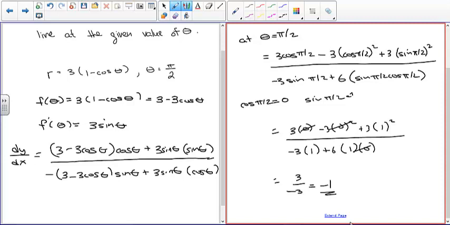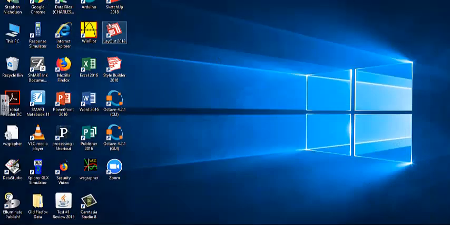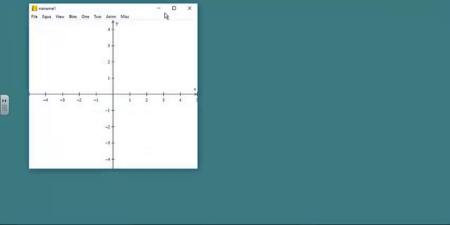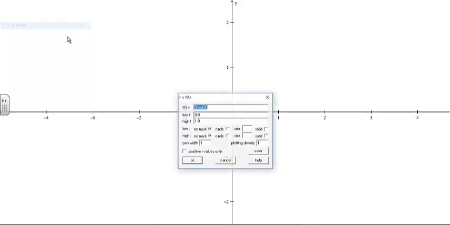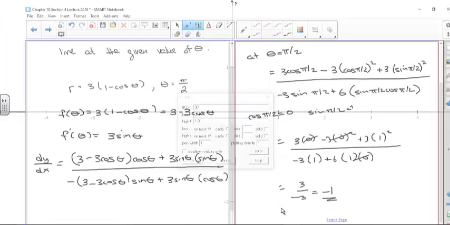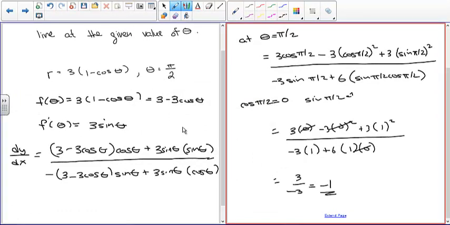So let's find my graphing program, which apparently I closed. So let me open this thing up. Let's see what the function looks like first. I'm only going to plot it to pi over 2 because then I'll know exactly where it stops. So I'm going to go to polar coordinates, and the function was 3 times 1 minus cosine theta.